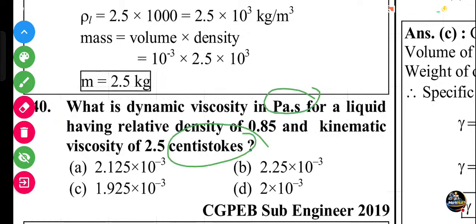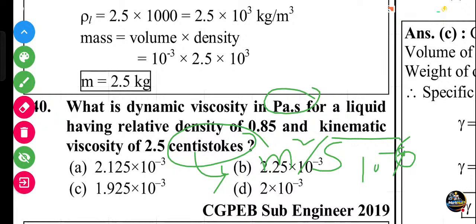The unit is centistokes, so first you transfer this unit, kinematic viscosity in centistokes to meter square per second. 1 stokes equal to 10 to the minus 4 meter square per second, so 1 centistokes is 10 to the minus 6. 2.5 into 10 to the minus 6 is the kinematic viscosity, and the relative density is given.